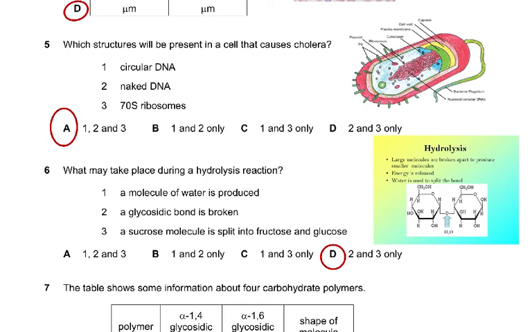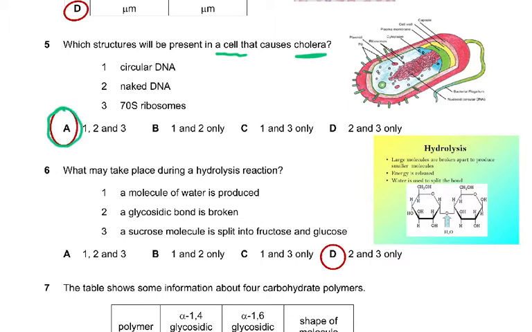Cholera is an infectious disease caused by Vibrio cholera. And Vibrio cholera is a bacteria, and a bacteria is a prokaryote. So which structures will be present? All prokaryotes will have a circular DNA, and it's a naked DNA. It doesn't have any histone proteins, and it has 70S ribosomes. So 1, 2, and 3, and the answer was A.